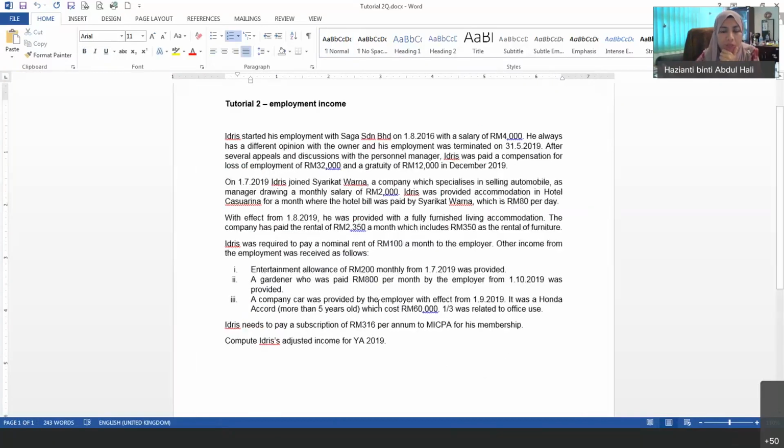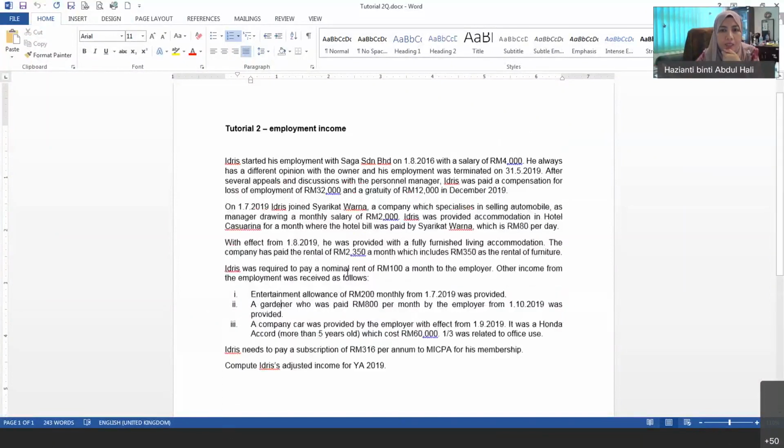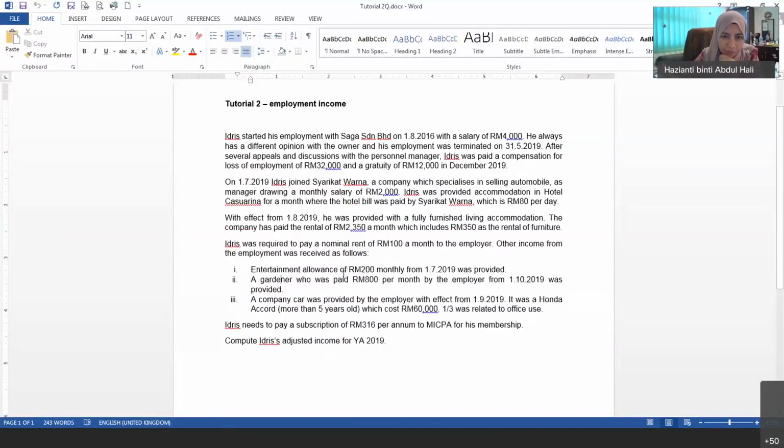Alright, if you have no question, I want you to move on to the second question, which is Idris. I forgot to check. The second one that I share is Idris kan? Right? Yes, yes, yes. Okay. So this is the question. I want you to try this now because this is Mr. Idris here has section 13.1e.